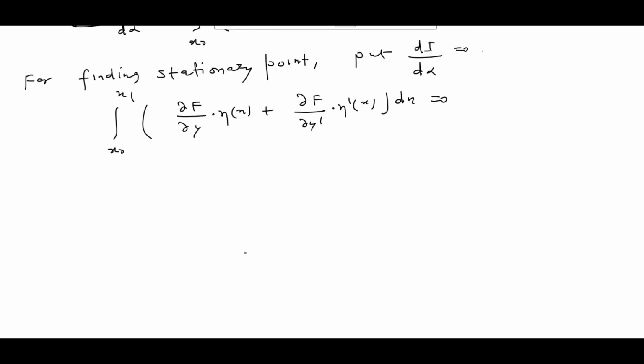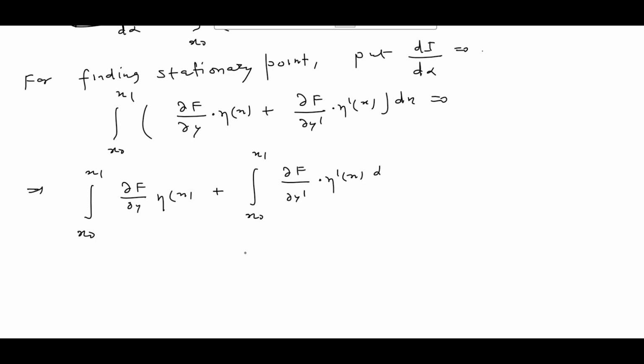So now open this integral: integration from x0 to x1, del f over del y eta of x, plus integration from x0 to x1, del f over del y dash eta dash of x dx is equal to 0.